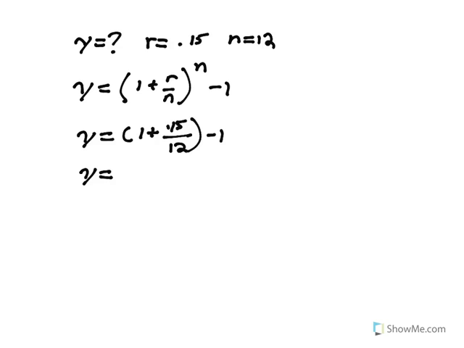Let me go ahead and calculate this for you. Okay, so you're going to get 1.0125. Going to raise that to the 12th power. And you're going to get y equals 1.16075. We're going to round this to the nearest cent.